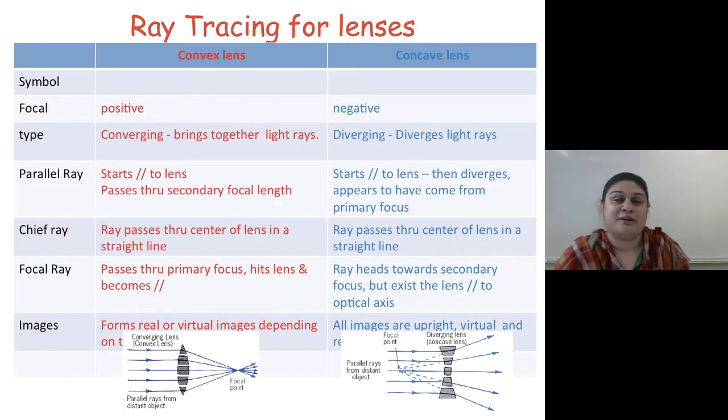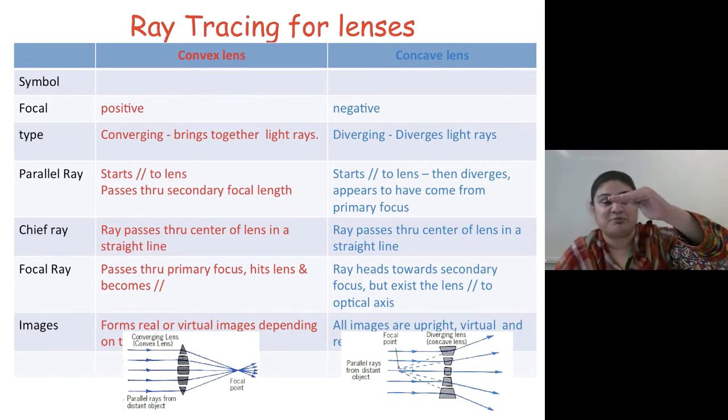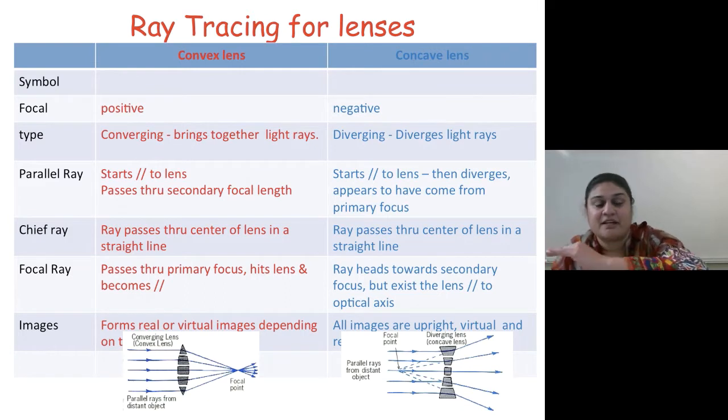So now, what about ray tracing for these kinds of lenses? Well, we're going to use exactly the same terms: parallel, chief, focal ray, right? For a positive lens, the parallel ray will be parallel to the axis and pass through the secondary focal point. The chief ray, again the same thing, goes through the center. The focal ray passes through the primary focus, hits the lens, and then becomes parallel.